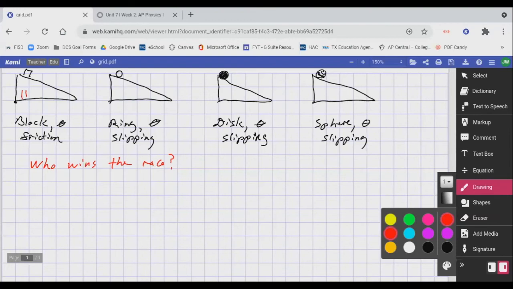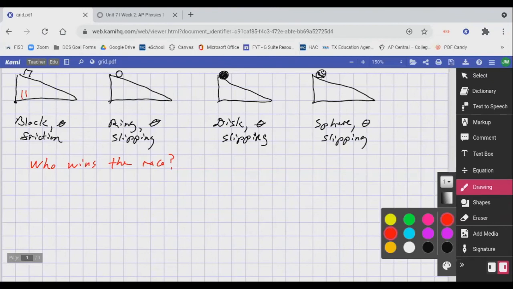They're all at the same height, so they all have the same potential energy. As they go down, the ring, the disc, and the sphere will take some of that potential energy and put it into rotational kinetic energy. But the block is going to take all that potential energy and put it into kinetic. If you can put it all into kinetic, you know you're going to have the highest velocity, because you've taken all your available energy and put it into linear velocity. Let's look at it.